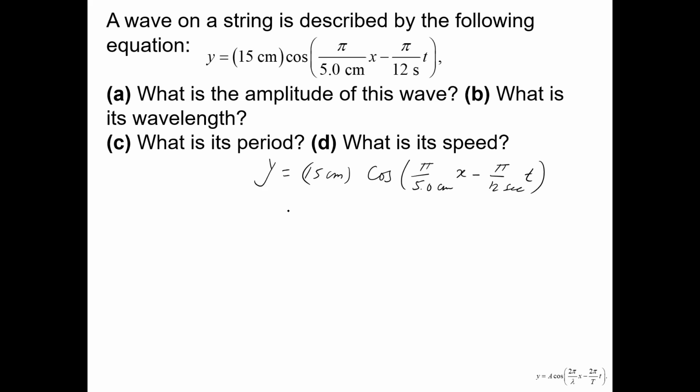Whatever you calculate, always put in centimeter, kg, and second. Now this is the equation which is given. The wave which is propagating is represented by this equation. But we do have a standard equation, as you discussed in class: y = A cosine(2 pi divided by lambda times x minus 2 pi divided by uppercase T times t).